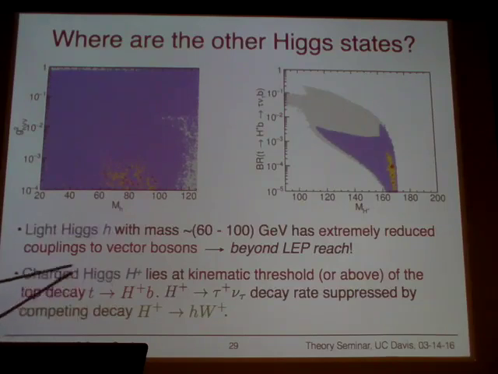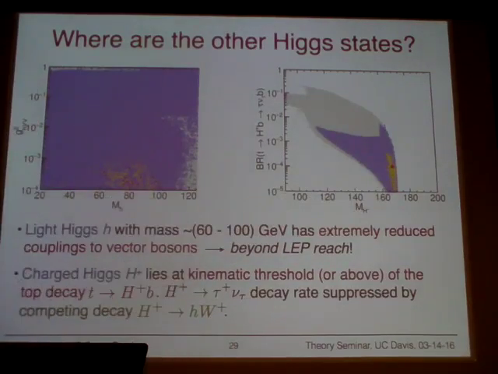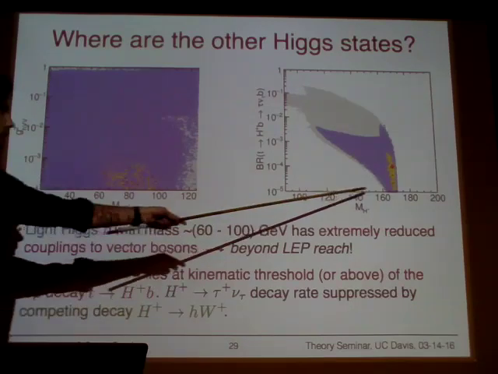Also, you have a light charged Higgs, well, relatively light, because it sits more or less directly at the threshold to the top quark. The usual way you look for these light charged Higgs is in the top quark decay, but in this case it is kinematically suppressed.